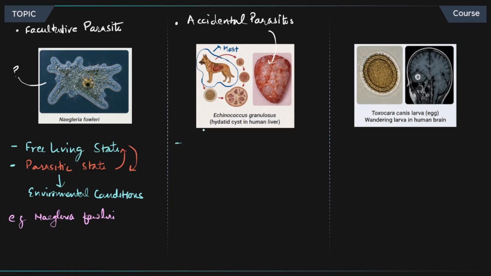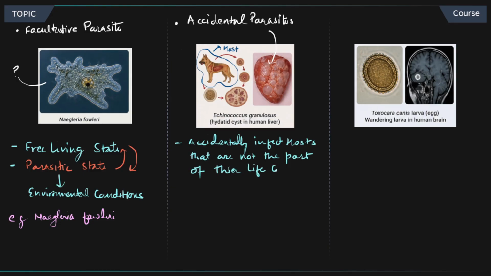It can create hydatid cyst in the human liver, but the main host is the dog in this case. Echinococcus granulosus. So what happens is accidentally it can infect hosts that are not the typical host, that are not part of its regular life cycle.